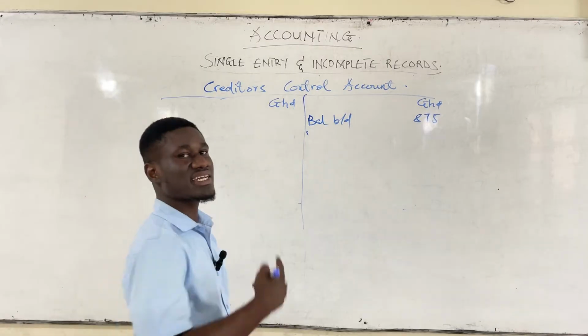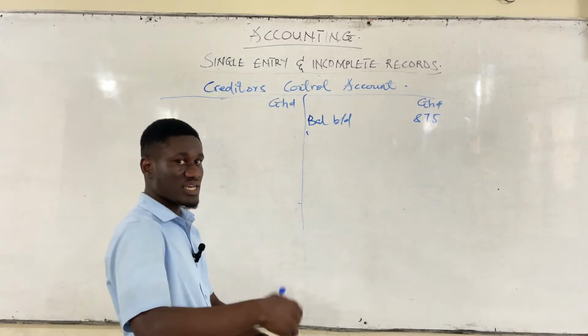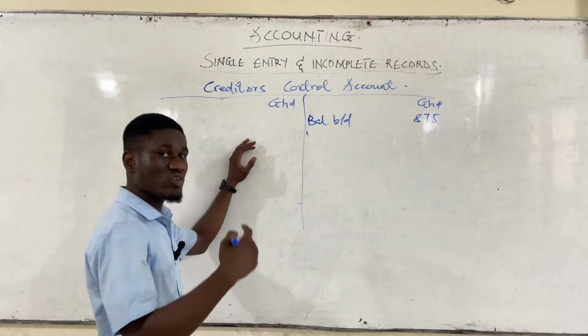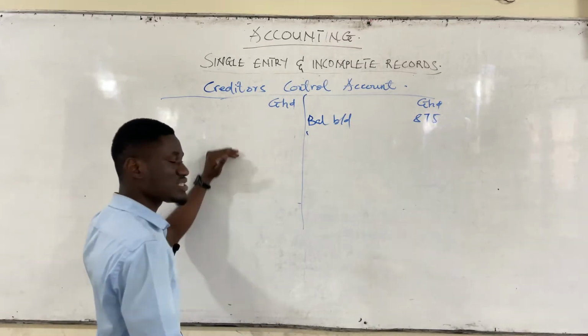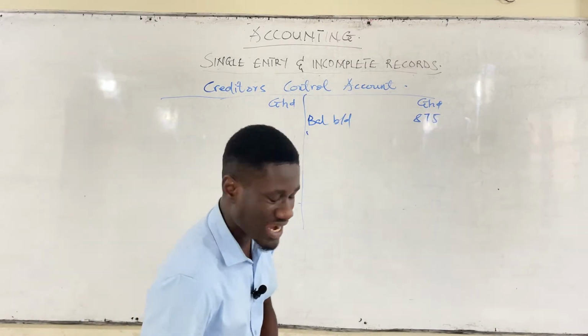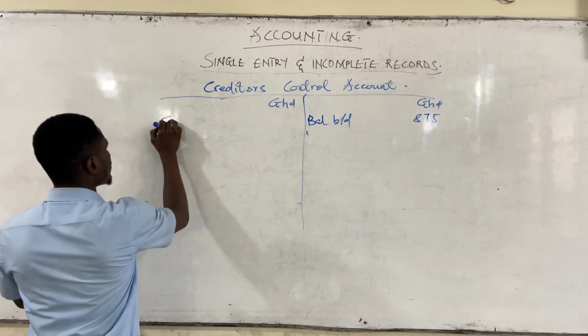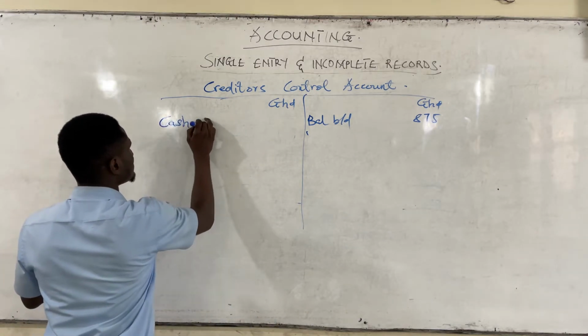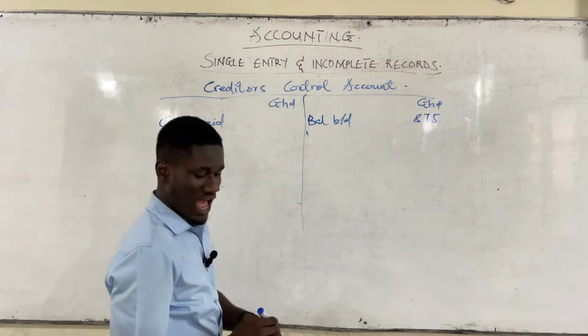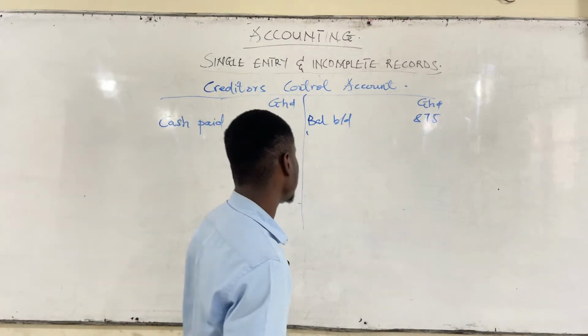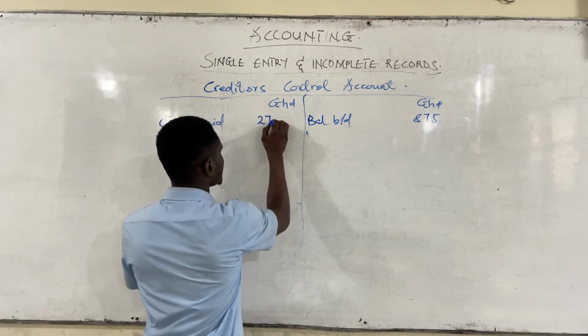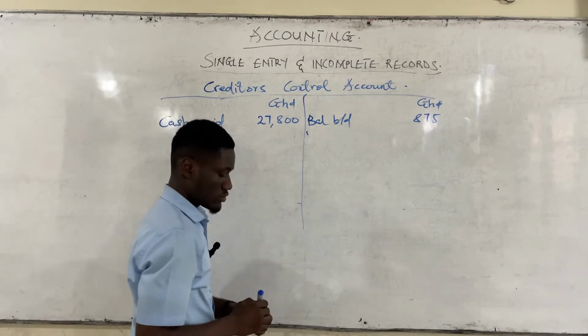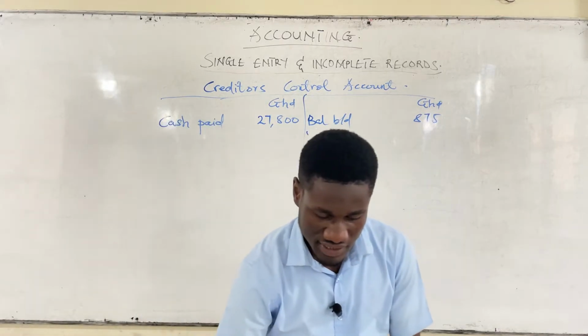So if we owe them and we've paid cash to them, it's going to reduce the amount we owe them. So the cash paid to suppliers will be recorded here. Cash paid. So we have cash paid amounting to 27,800.